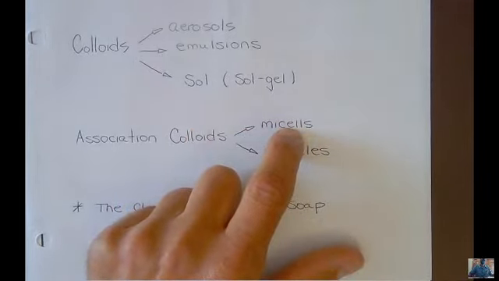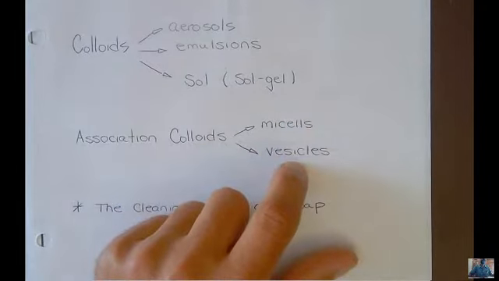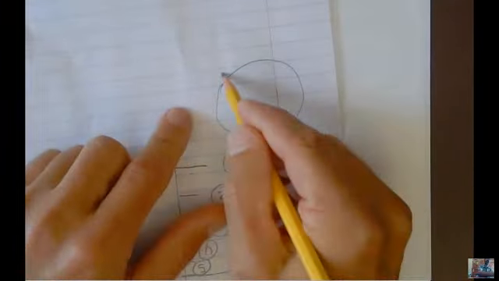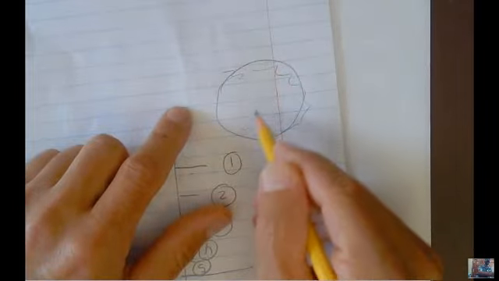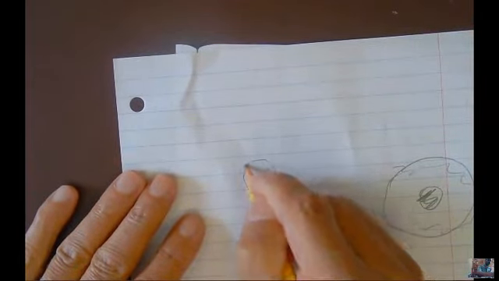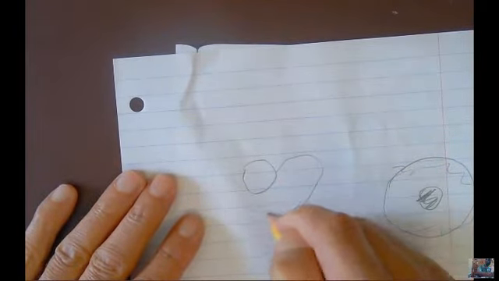Also, vesicles are very similar to micelles, only instead of just being round, like this, where all of the molecules that we're interested in are lined up around the outside, and we can hide our medicine in here, a vesicle is kind of like a donut.